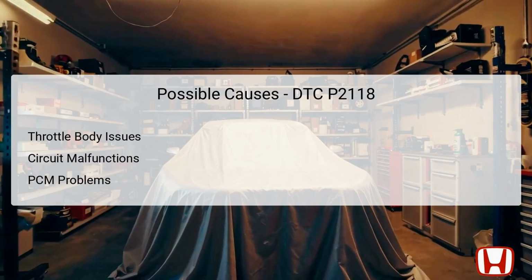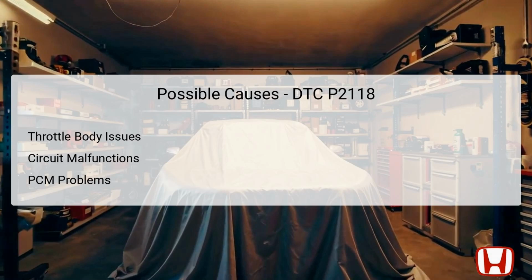There are several possible causes for the DTC P2118. Firstly, issues may occur within the throttle body itself, which can include mechanical failure or electrical faults that impede its function. Secondly, circuit malfunctions could arise in the external wiring or connections relating to MTR1, MTR2, or SG3 circuits.